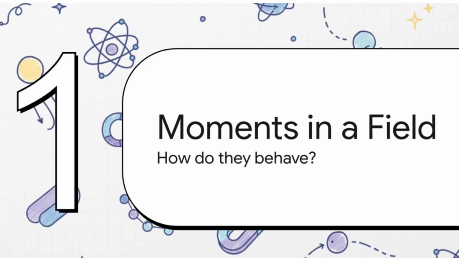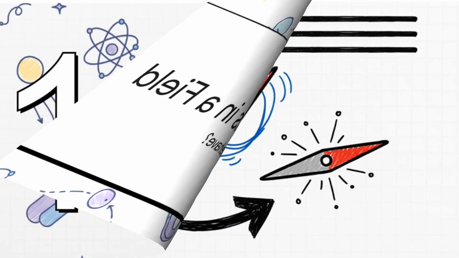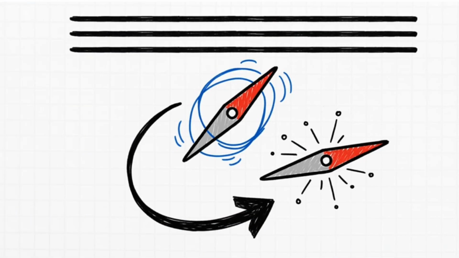Okay, so we've established that atoms have these tiny little magnets inside them. But what happens when they run into a bigger external magnetic field, like when you bring a piece of iron near a magnet? So the very first thing that happens is that our little magnetic moment feels a twisting force, a torque. It tries to rotate and snap into alignment with that bigger field, just like a compass needle always wants to point north.